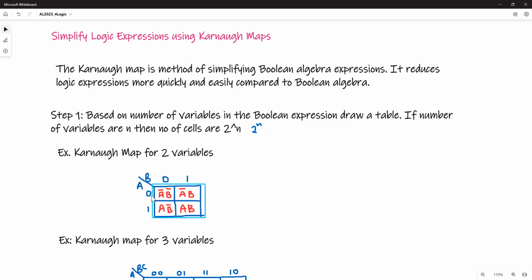Similarly, when you have 0 and 1, we represent that cell as A bar B. And here we have A B bar, and finally A B. So basically, this will represent all possible combinations. If you remember the truth tables, for example, we can represent all possible combinations, and yes, of course, here also we can see the same, right? That's the first one.